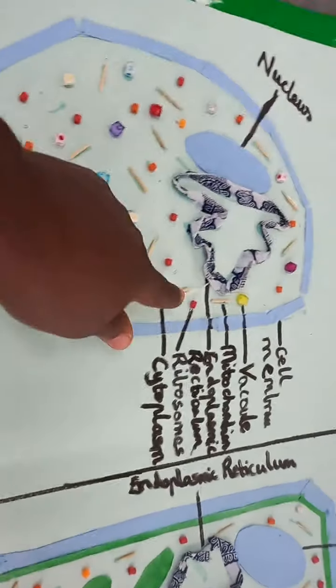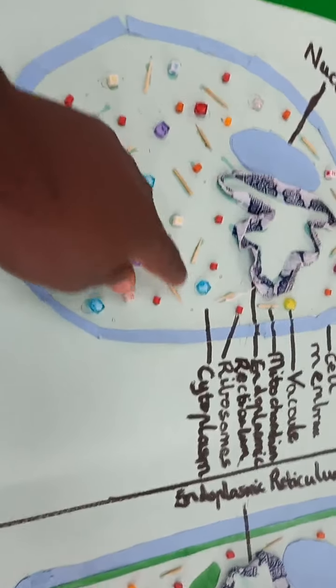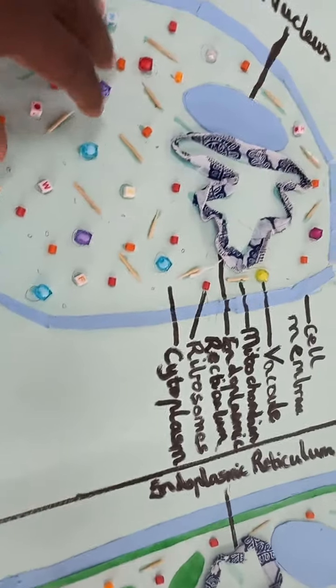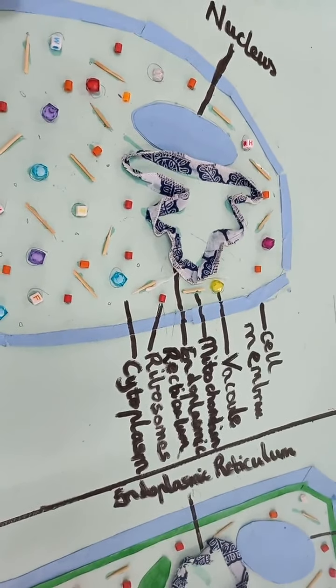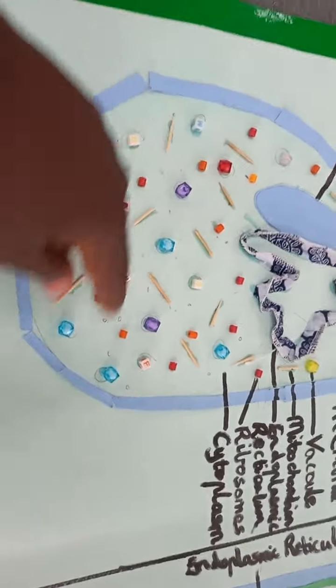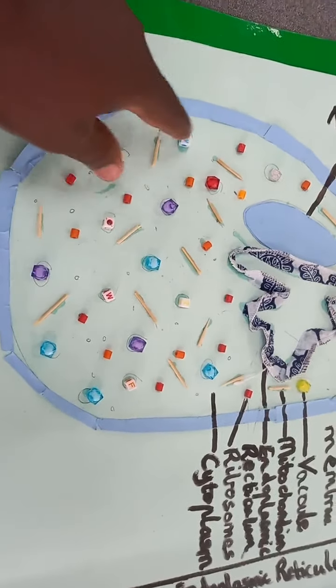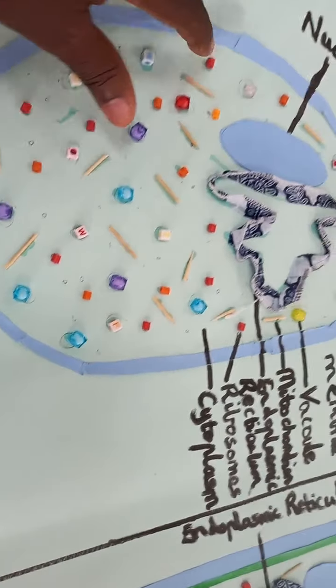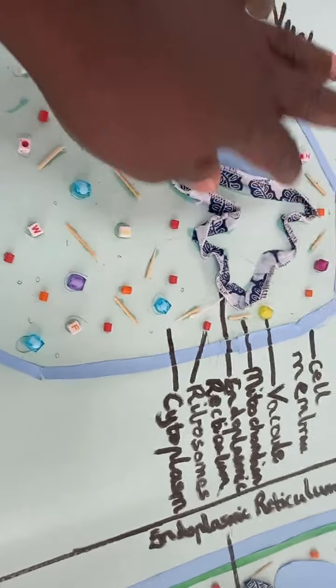Then he's using the stick here to represent the mitochondrions. Then the inner part is the cytoplasm. Then we have the food vacuole. They are the yellow dots that you see for the food vacuole. And then we have the ribosomes, the red beads that you see here.